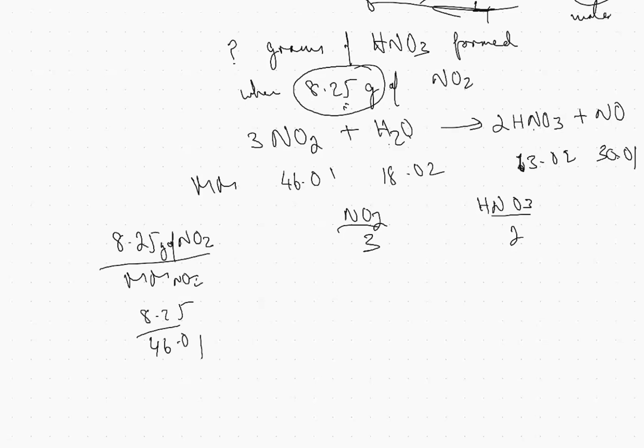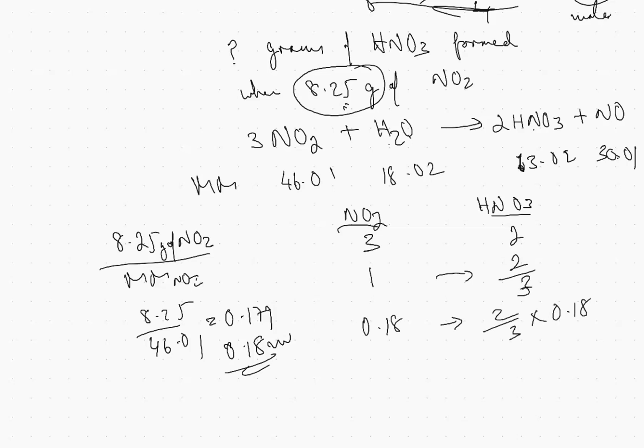So now 1 would give, I come back to here, 2/3 of moles of HNO3. So 0.18 would give 2 divided by 3 times 0.18. I get 0.12 moles. Oh, they're asking how many grams. Okay, so now I have to convert it to grams.